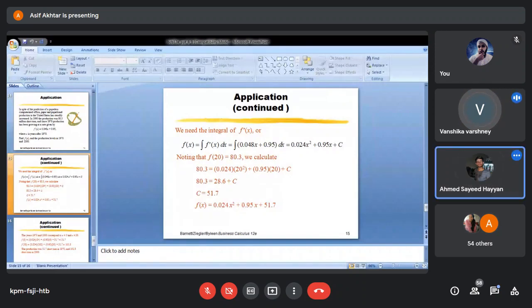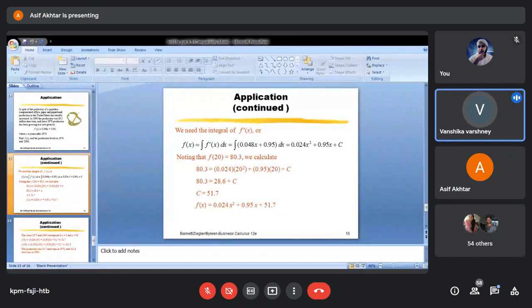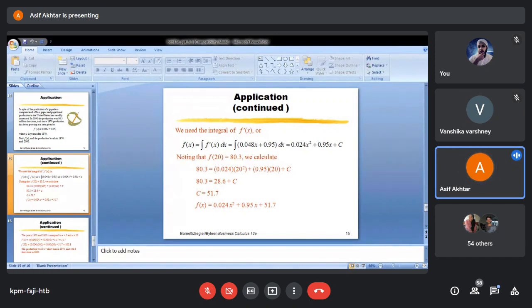Wrong, sir. So this is right because reference is given of 1970. Remember that what is x? In the question, what is x? X is the number of years after 1970.